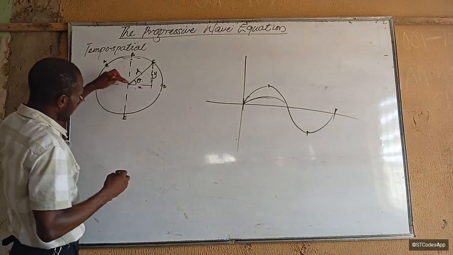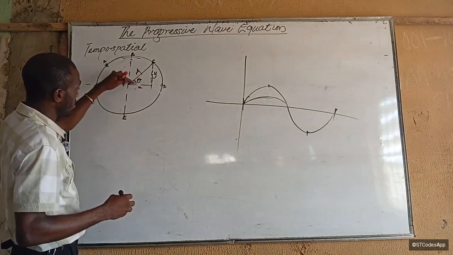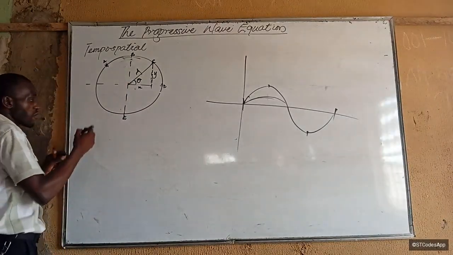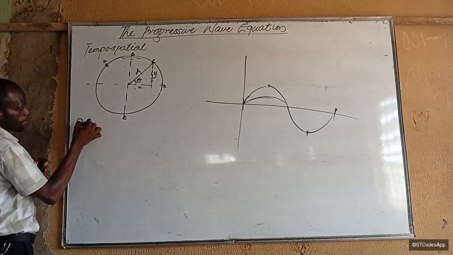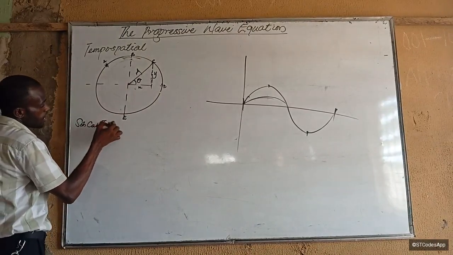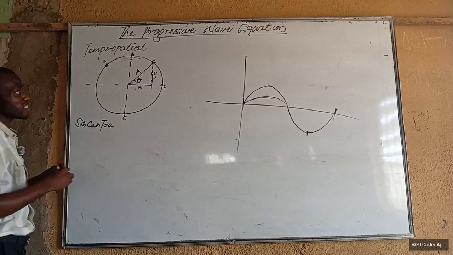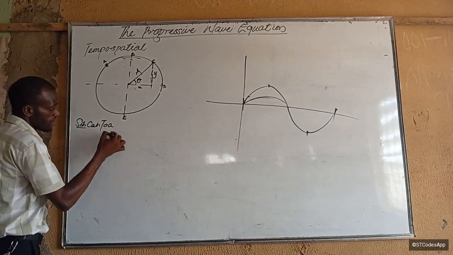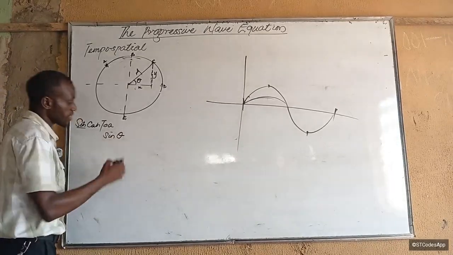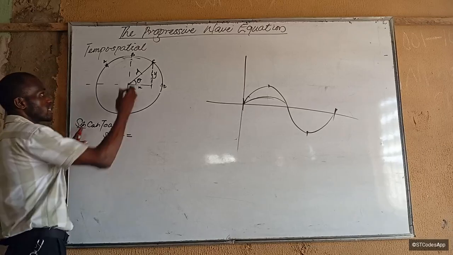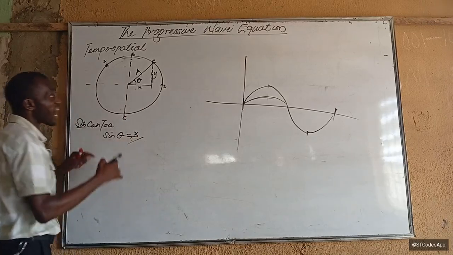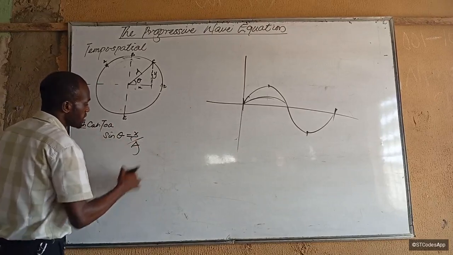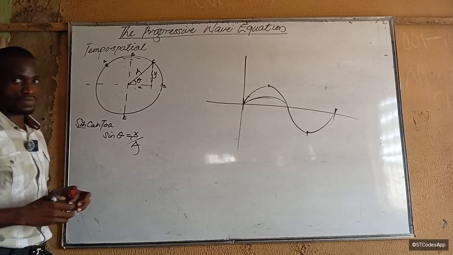You will know why now. What are the parts I have here? I have the opposite to this angle, and I have the hypotenuse to this angle. If that's the case, which trig function combines opposite and hypotenuse? That is sine, isn't it? So we have the sine of our angle theta is equal to opposite, which is y, over hypotenuse, which in this case is our amplitude.